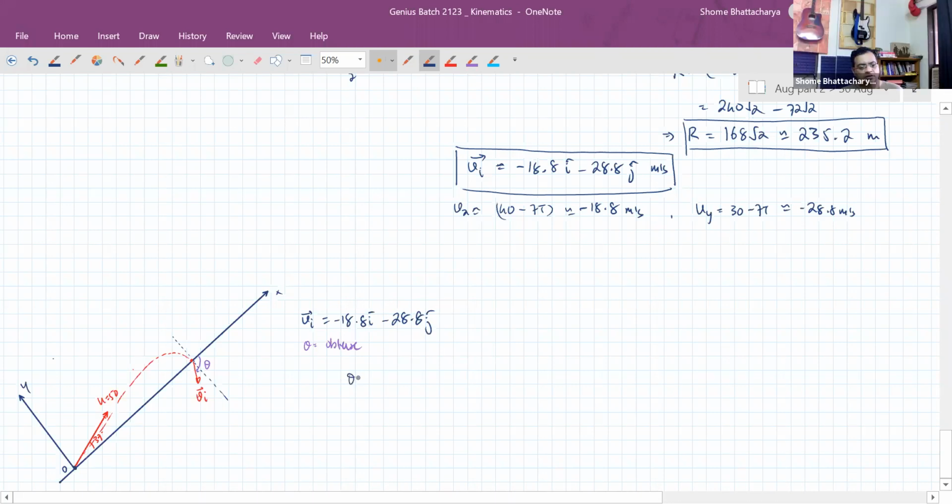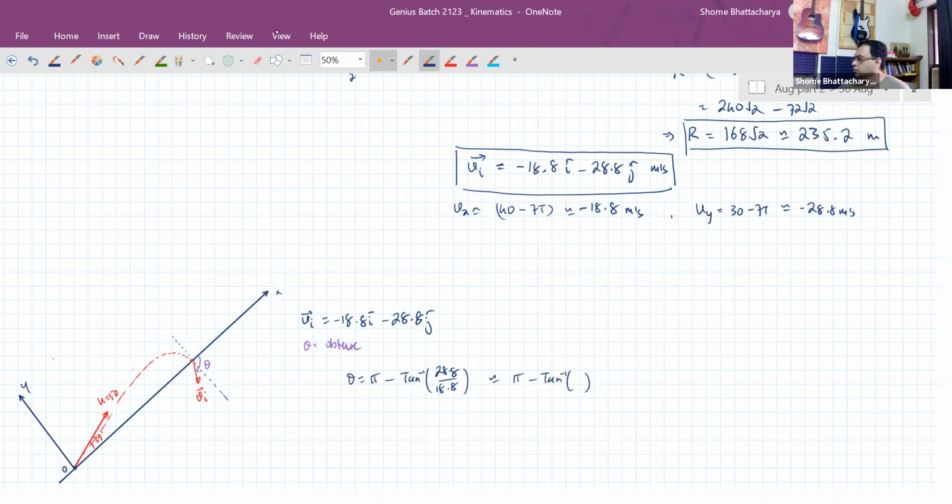This theta actually you can see is pi minus tan inverse of... just use the calculator. The angle, but we can leave the answer this way only, it doesn't matter.